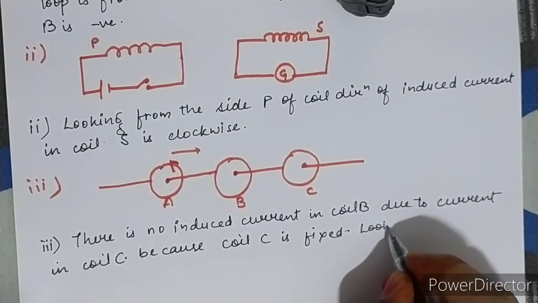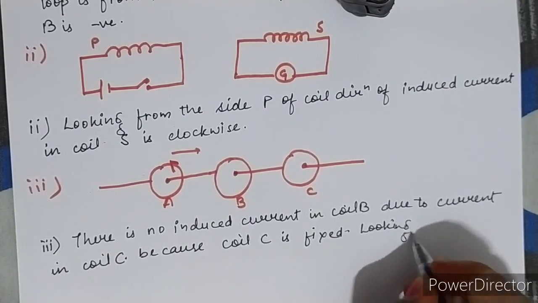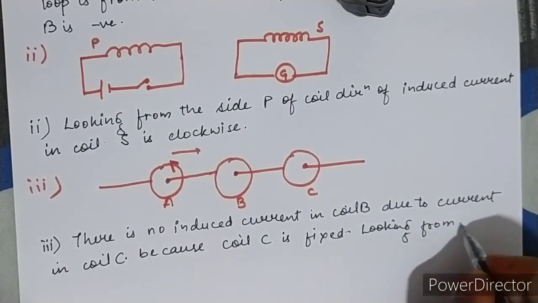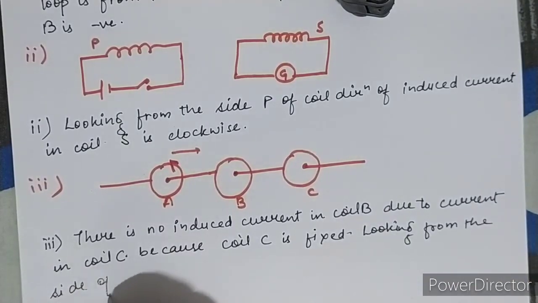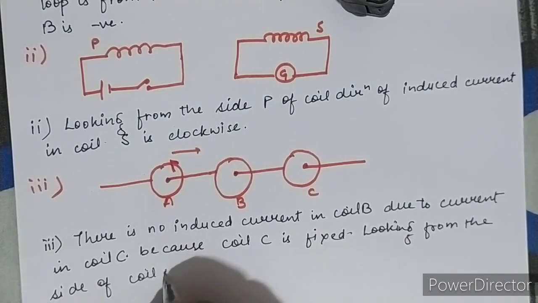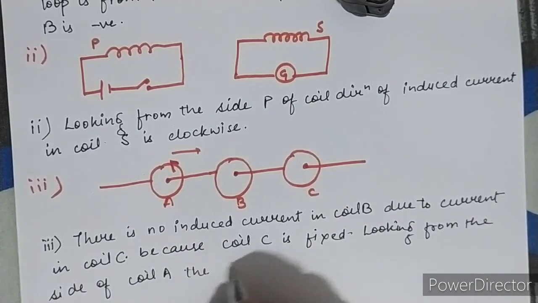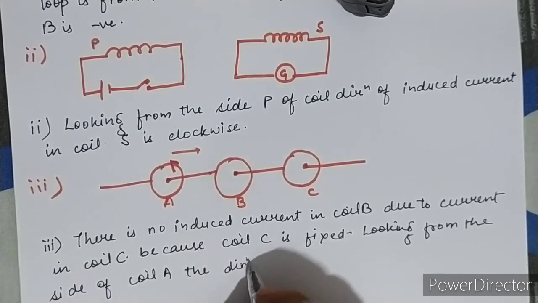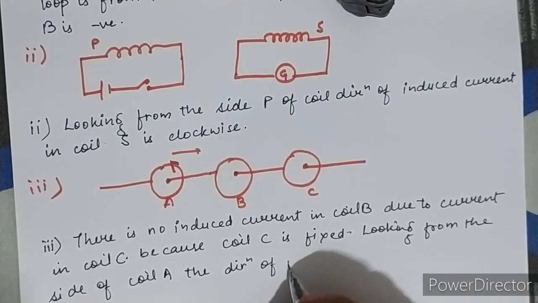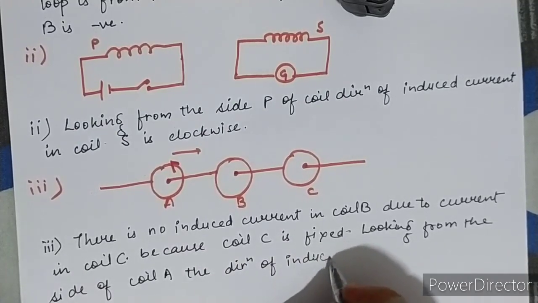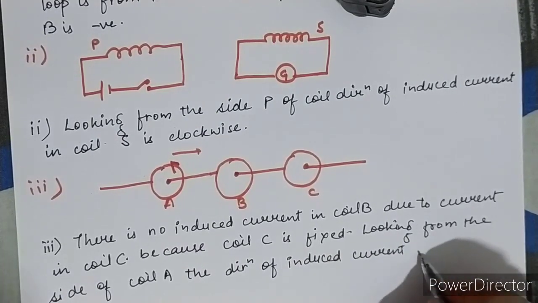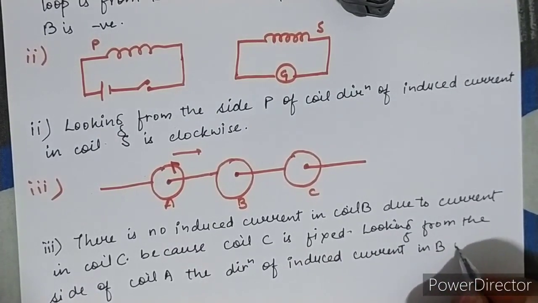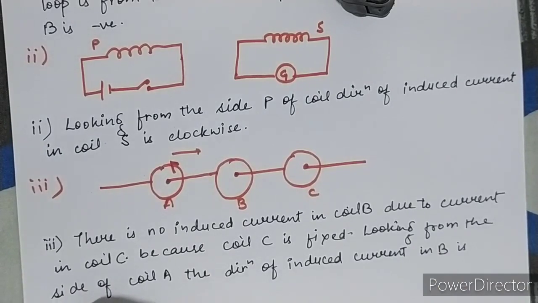Looking from the side of coil A, the direction of induced current in B is anti-clockwise.